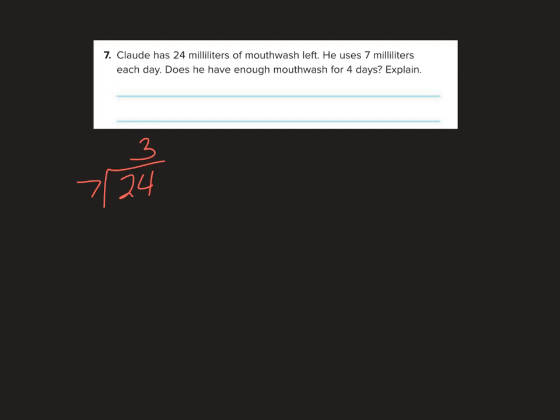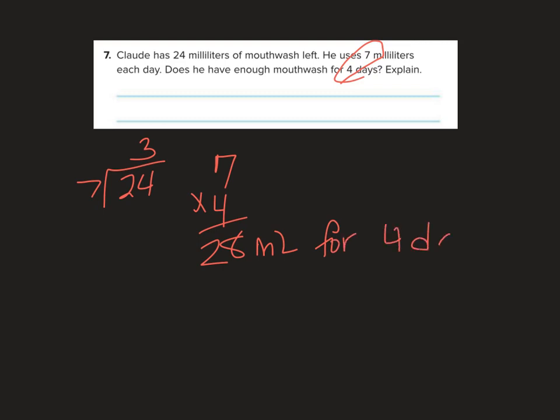The other option I have is to do 4 days times 7 milliliters. So 7 times 4 is 28, so he needs 28 milliliters for 4 days. Does he have enough? No. How many more does he need?